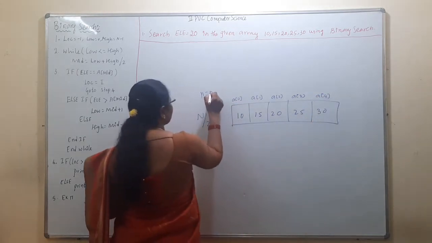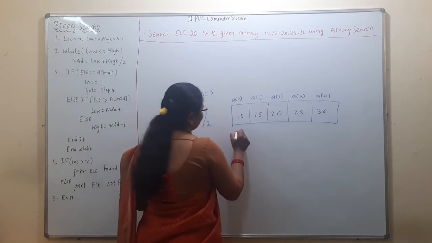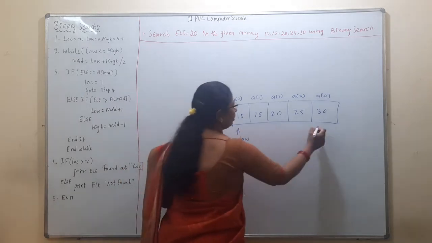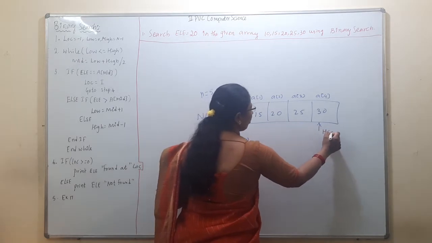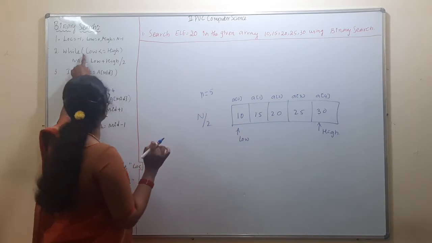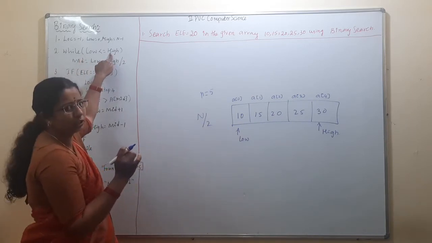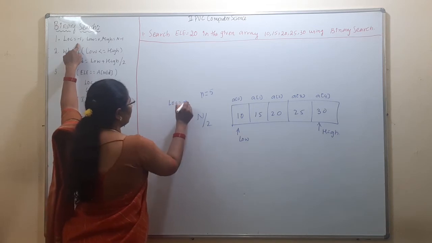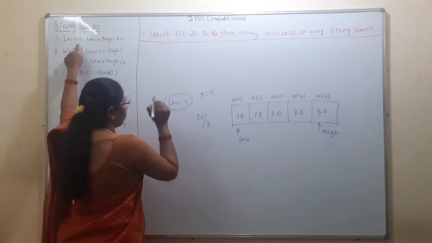So n is 5. First set the low pointer here, which is the lower bound, and set the high pointer here, and by taking the low and high values, divide the array into 2 parts. Also set the location equal to -1. Understand the concept properly, students.